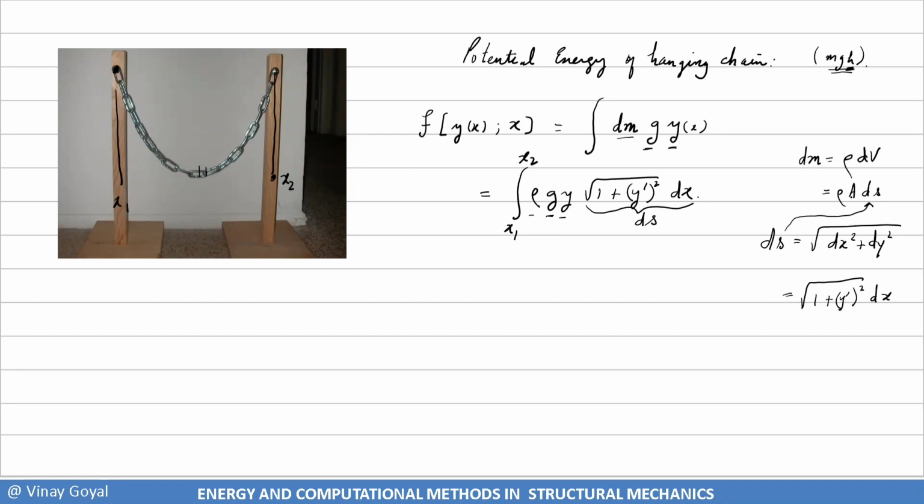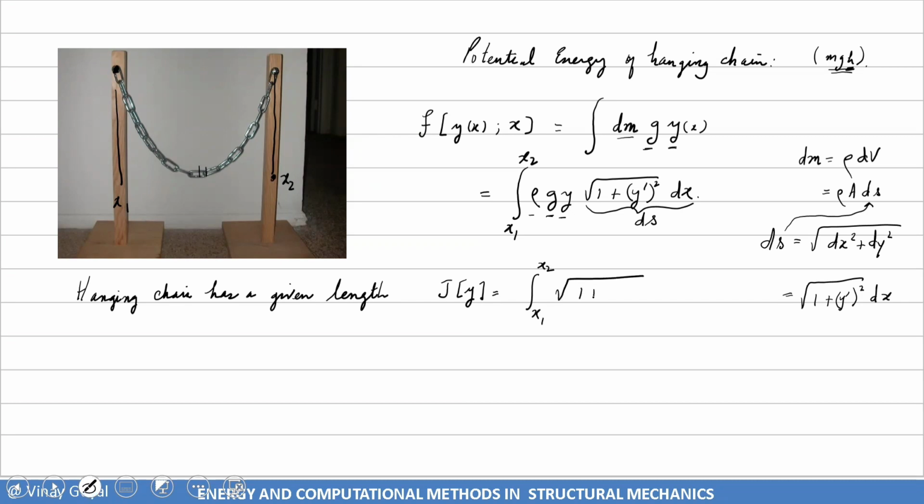And you can also notice that this hanging chain has a given length. I'll call that given length j of y, and that length is known. So 0 to L, say, or x1 to x2 if you like. And the length of this chain is the integral of the square root of 1 plus y prime squared dx.